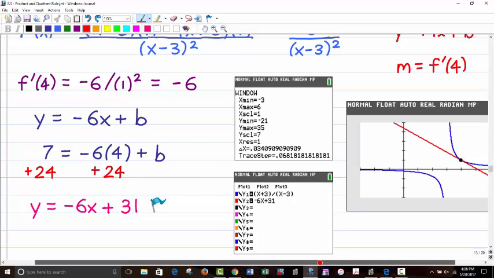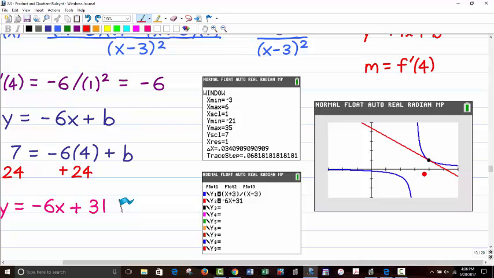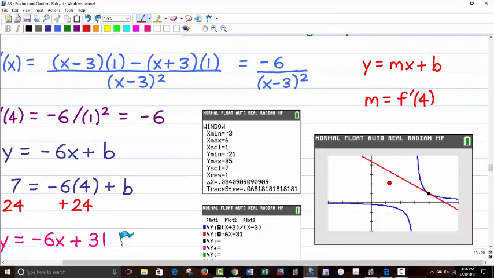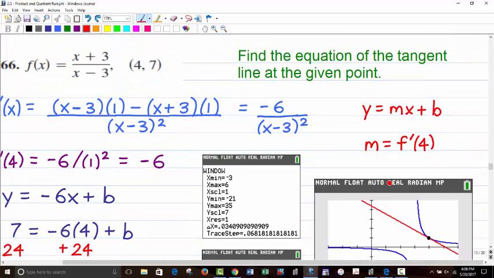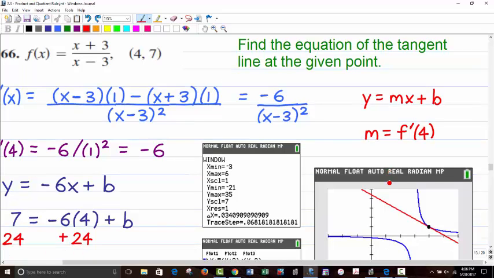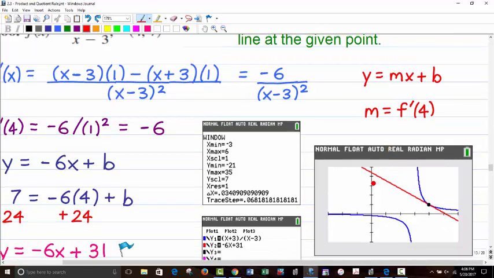And just for grins, I graphed it. This is your point, 4, 7, right? That's why I copied the scale out of the calculator. Look right there, the y scale, I did it as 7 on purpose, so that it would hit right at a tick mark. I didn't have to approximate where it would be.